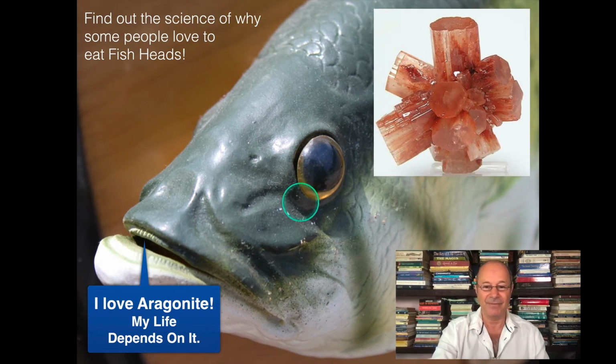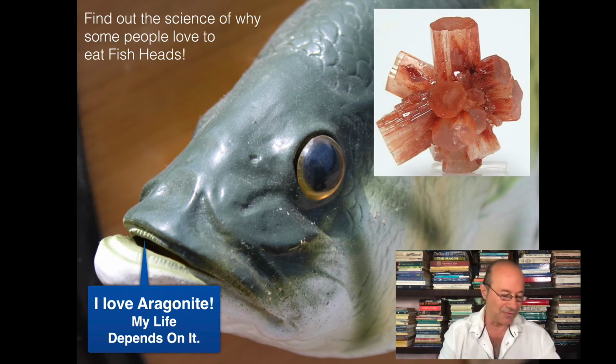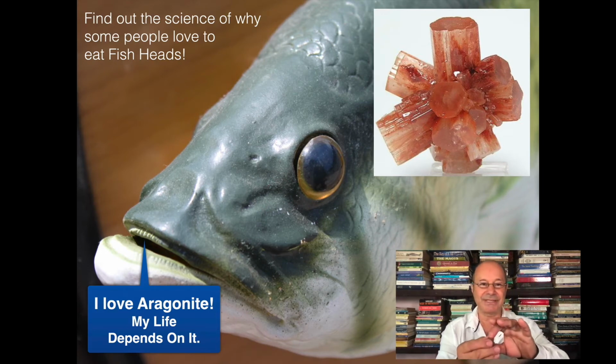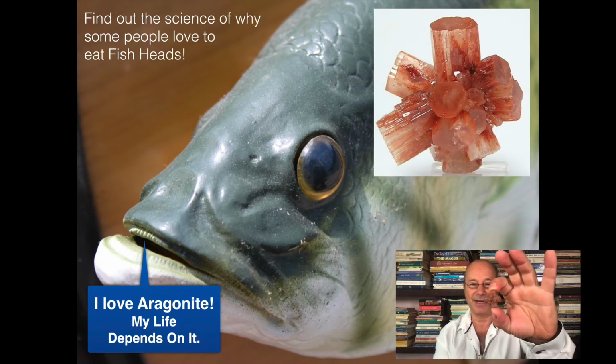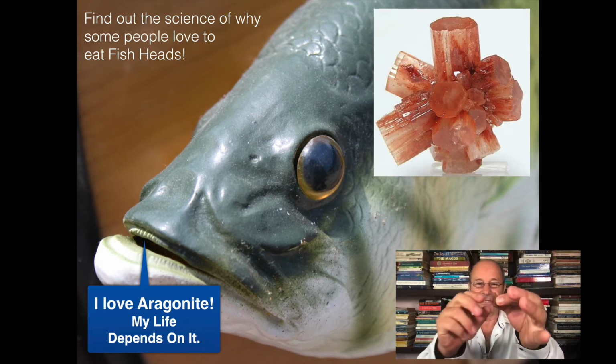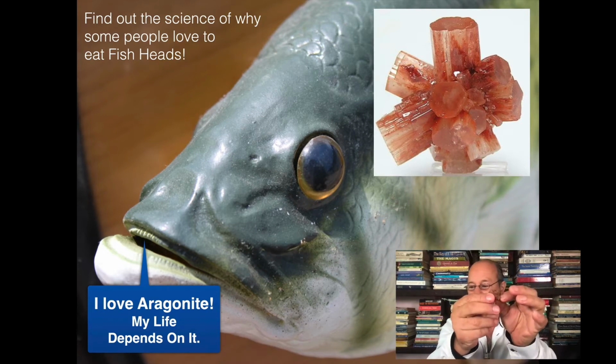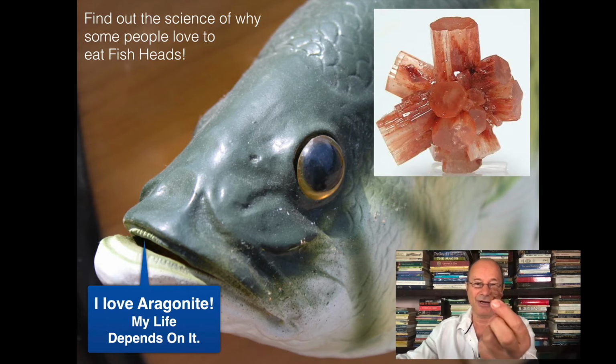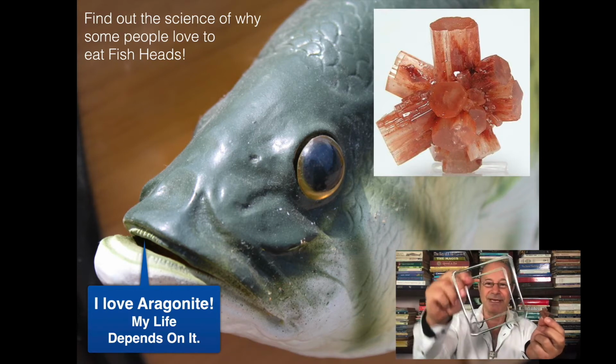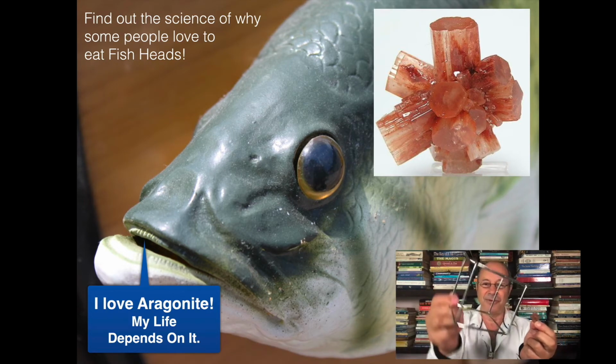Some scientists did some research on fish, and they're studying how the fish maintains its vertical balance as it's swimming through the water. And that's because in its head, it has a crystal called aragonite. It's kind of like a 3-dimensional crystal, but a 3-dimensional cross is really the 3 axes inside the cube.